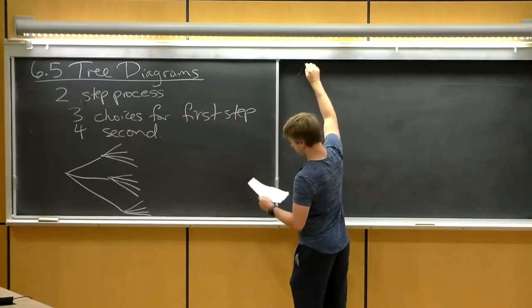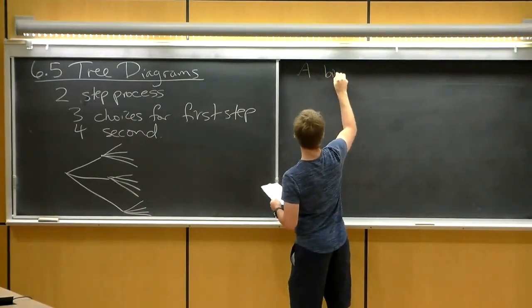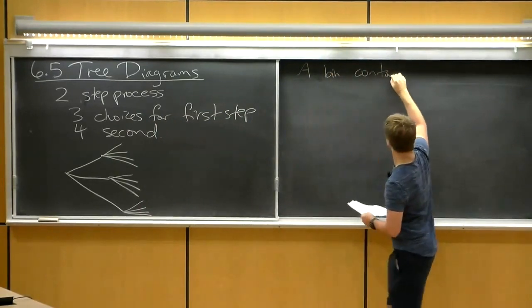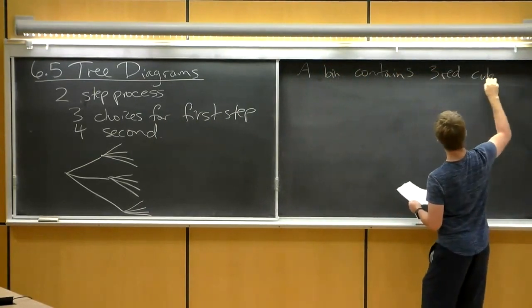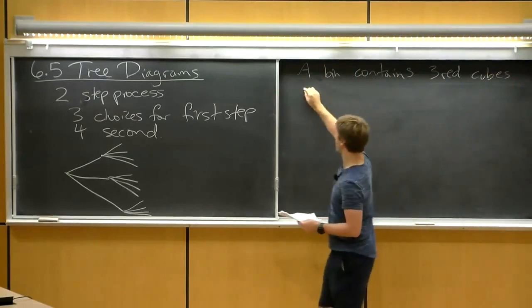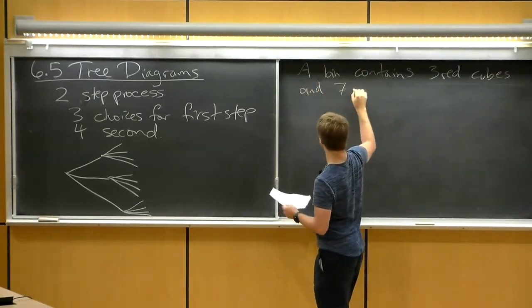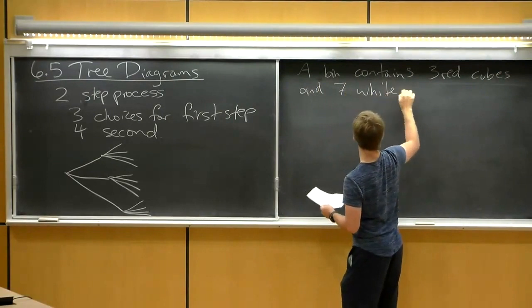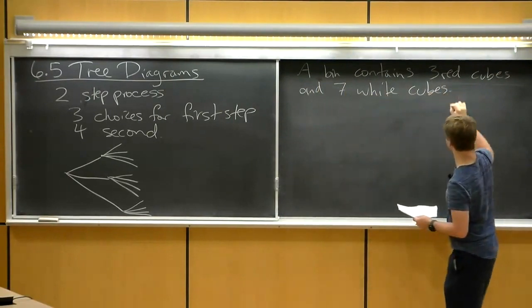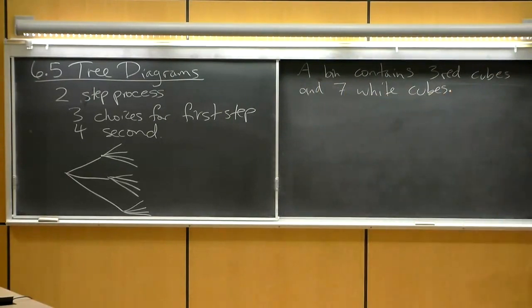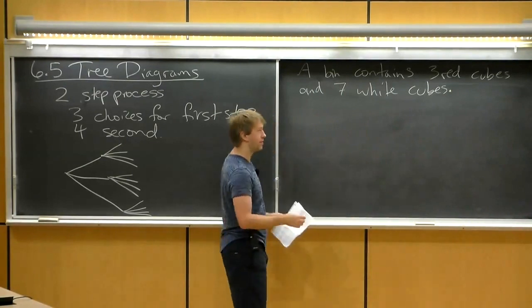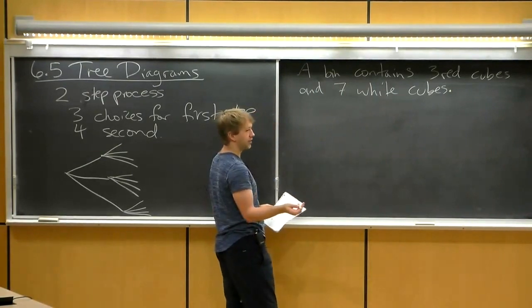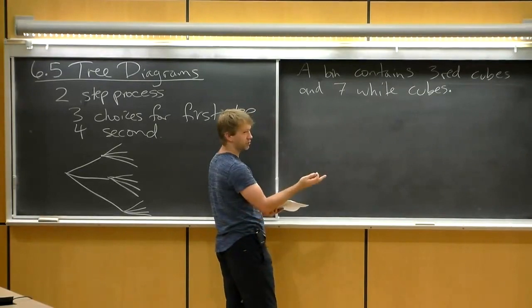Let's say a bin contains 3 red cubes and 7 white cubes. This is a very simple probability question, but it's just to get us warmed up with tree diagrams. So all we're going to do is pick 2 without replacement.